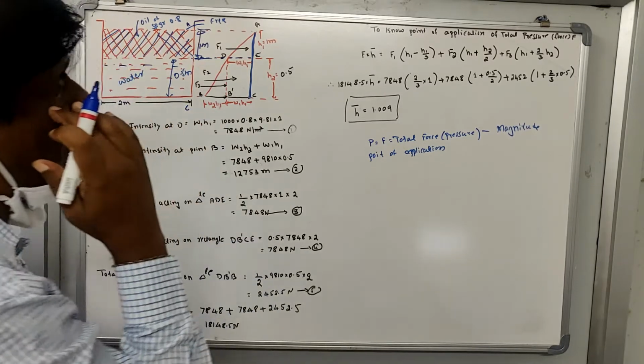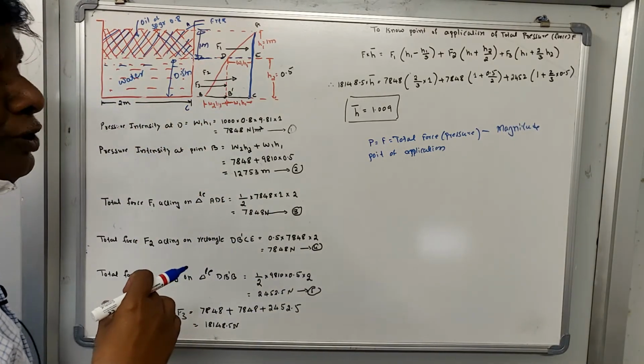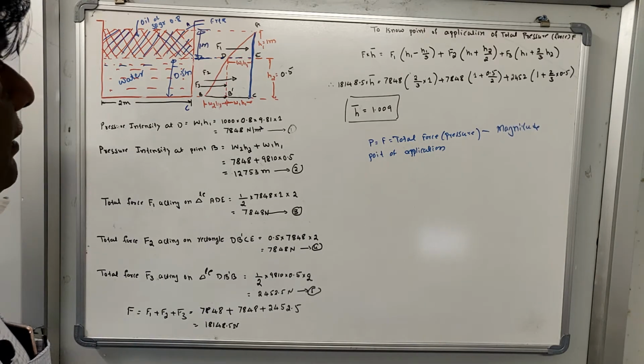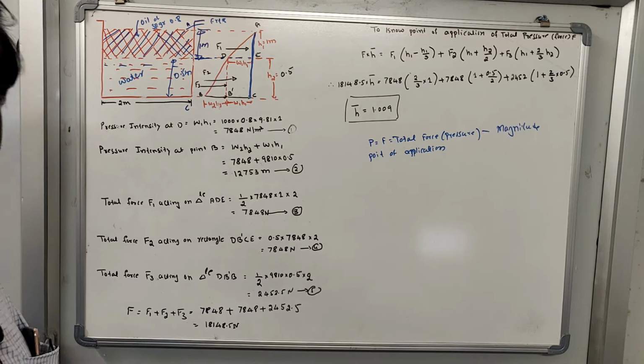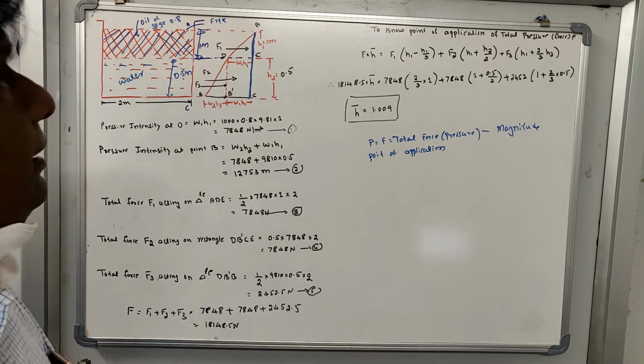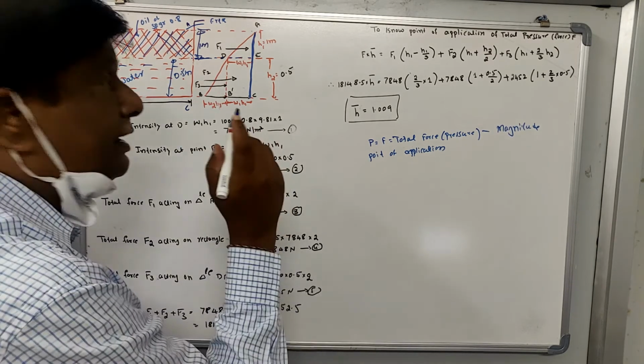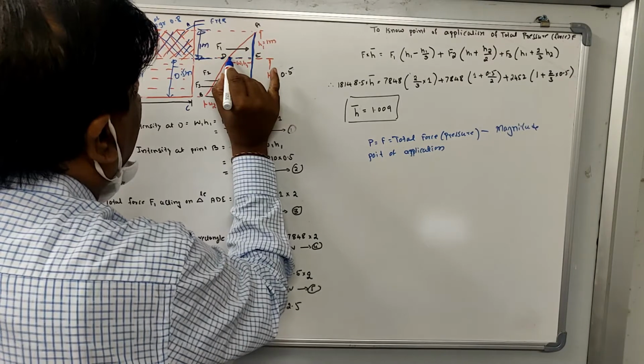From the hydrostatic law, as we have discussed in the earlier classes, the hydrostatic law states that the pressure exerted by a static mass of fluid on a vertical plane is maximum, its intensity is maximum at the base.